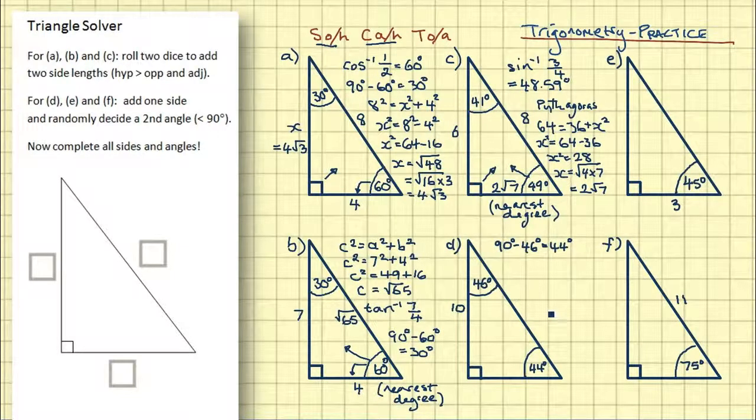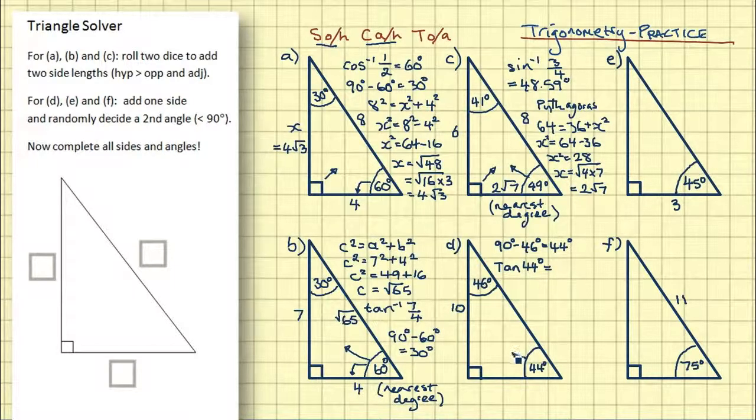Okay, so now I've got all my angles, I now need to find my missing side lengths. Well, let's choose this 44 and say we're going to use the opposite and try and find the adjacent. So what do I use for that? The tan of 44 degrees is the opposite. Well, the opposite is 10. Okay, so we're using this one here.